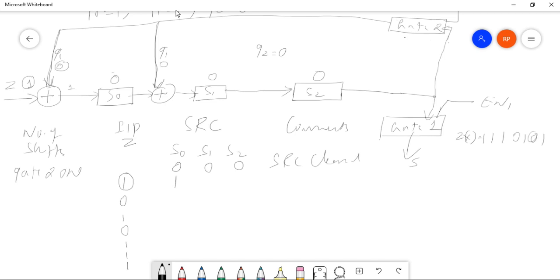Now the old value of S0, because it has already been shifted to this modulo adder, is 0, and the coming value from the top is also 0. So 0 plus 0, S1 will be 0. Then the old value of S1, which is 0, will shift to S2. So S2 will become 0. So this is the first row content.